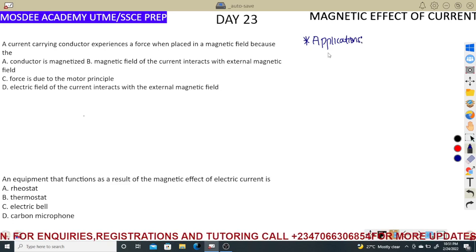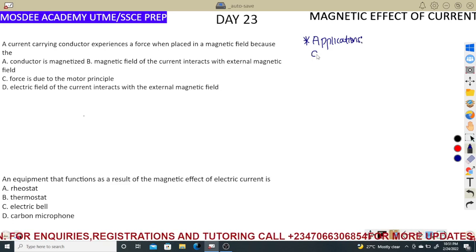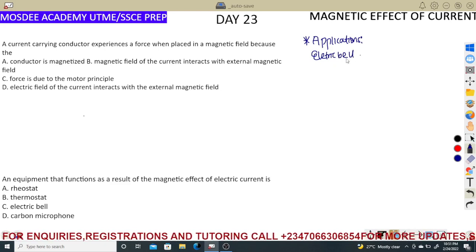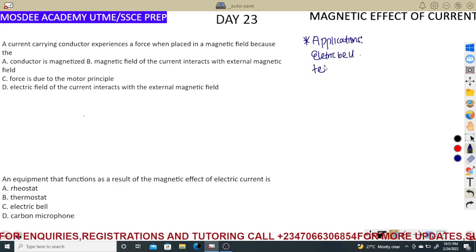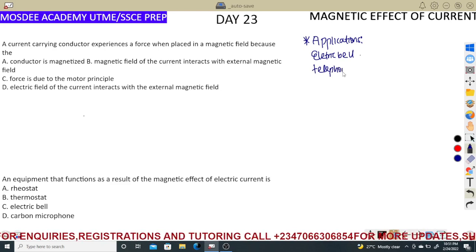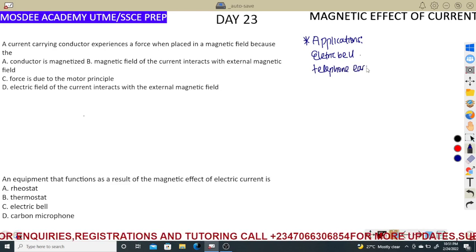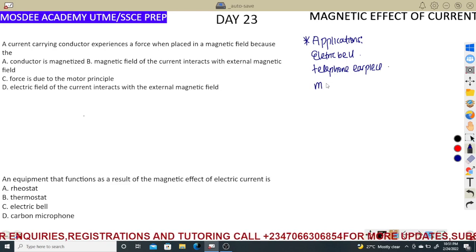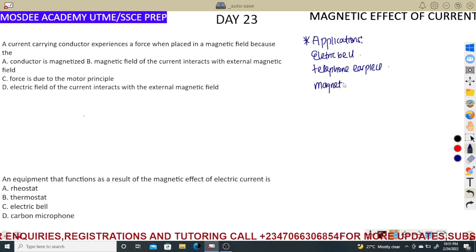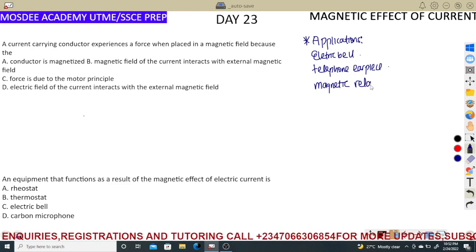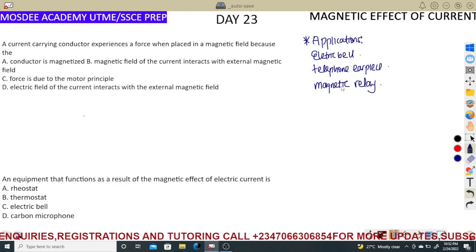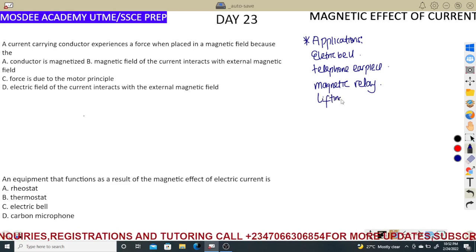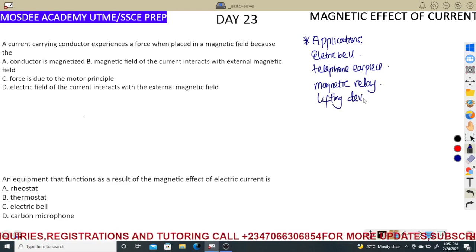Now, one of the applications is electric bell, which you might have studied, telephone earpiece. We also have magnetic relays, short concept. You can write it down. I can also talk about lifting devices. There are a lot, the way they come to my head.